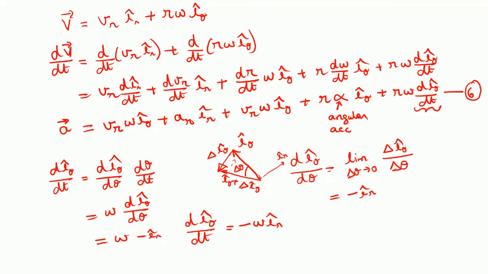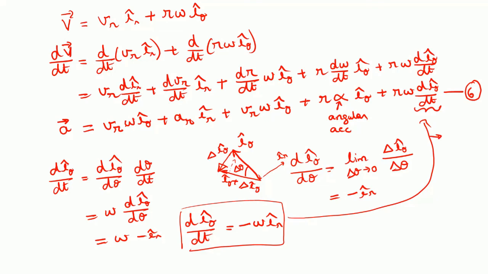Now we have to substitute this over here, and this particular term becomes minus R omega square into ER. Now we will substitute that back.